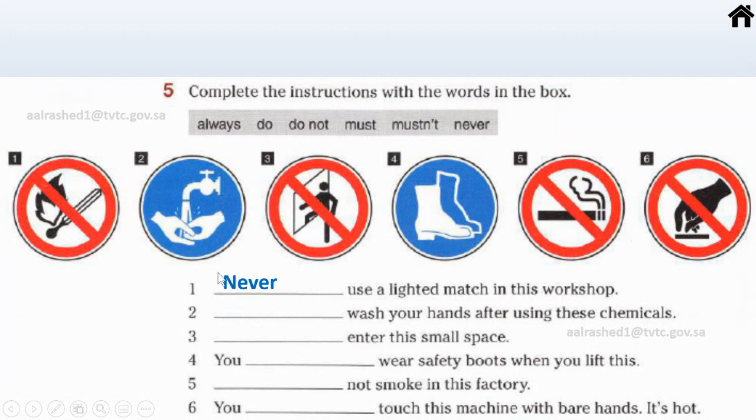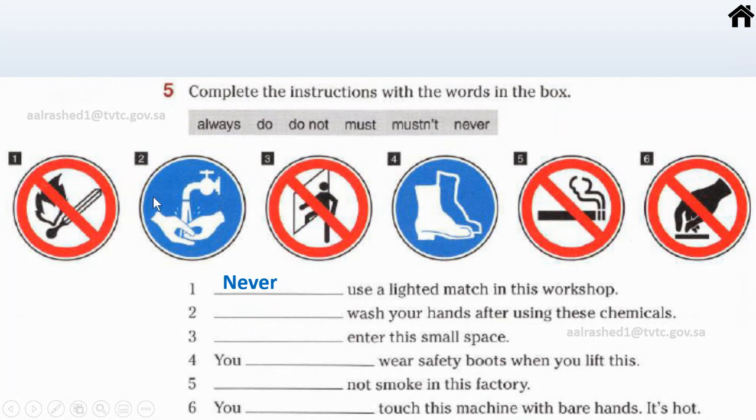I could also use do not, but never has a bigger meaning, or has a more powerful meaning. Okay, never. There is no chance you are allowed to use this. So it has more deep meaning than do not.